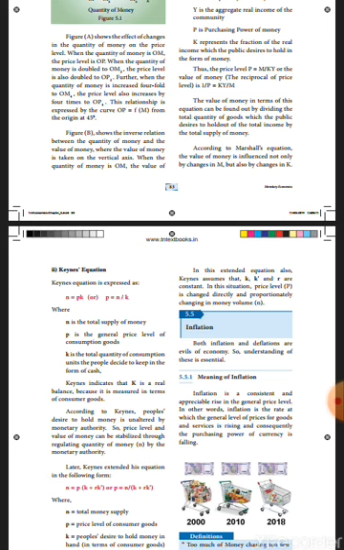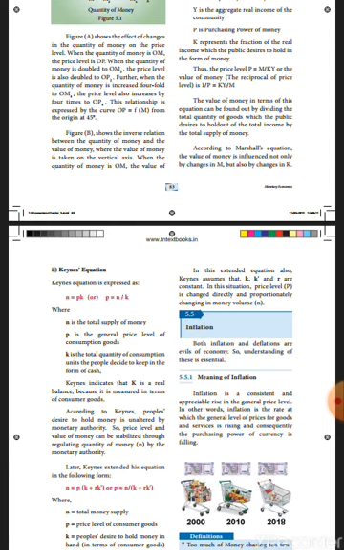P refers to the general price level of consumption goods. K refers to the total amount of consumption. Now, K is a real balance because we can measure this in terms of consumer goods. So, it is a real balance.